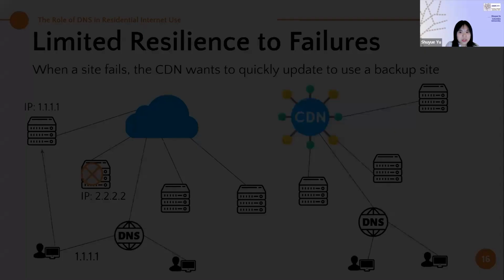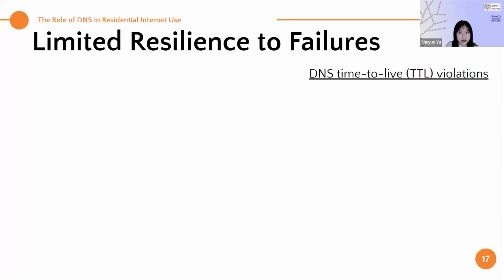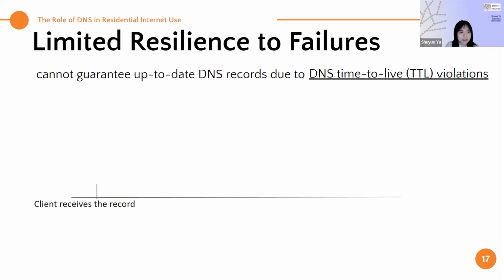DNS has a field called time to live, TTL, indicating the time interval that a record may be cached before it should be discarded. And TTL violation means that the DNS record is cached longer than the TTL. Even small TTL values cannot guarantee the use of up-to-date DNS records due to DNS TTL violations. Let's take a look at this diagram. This is when the client receives the record.